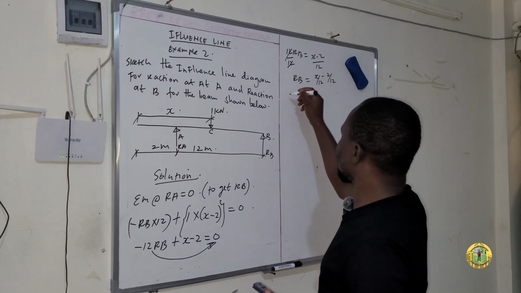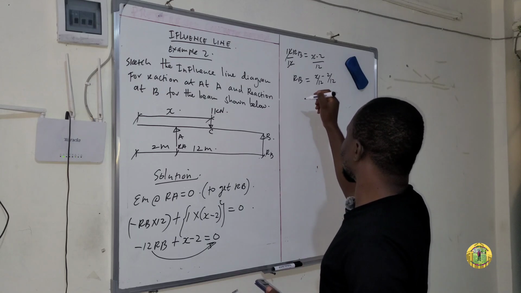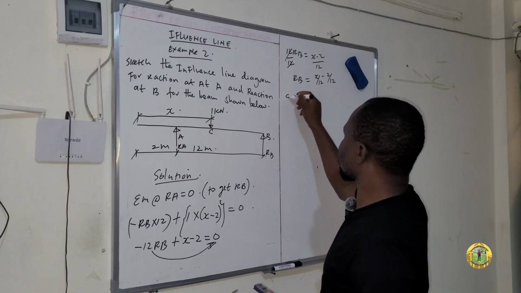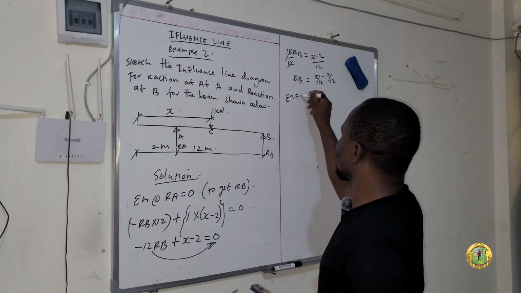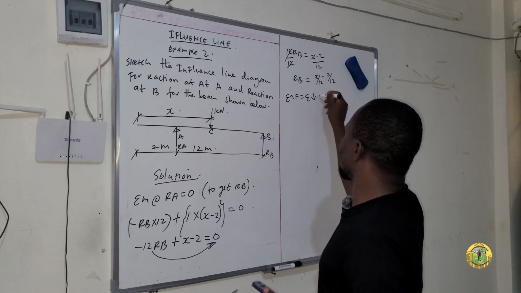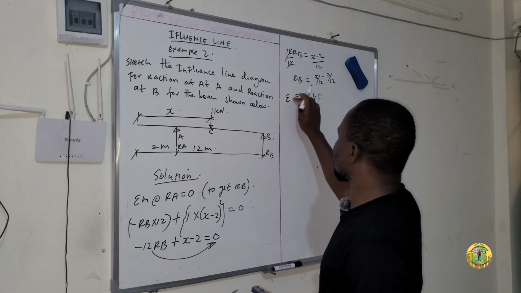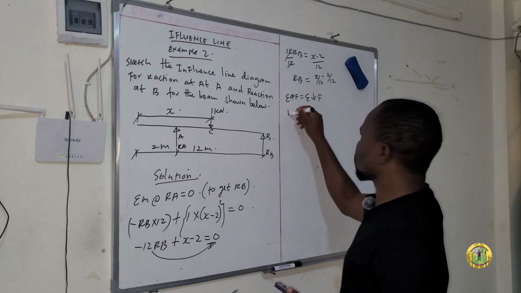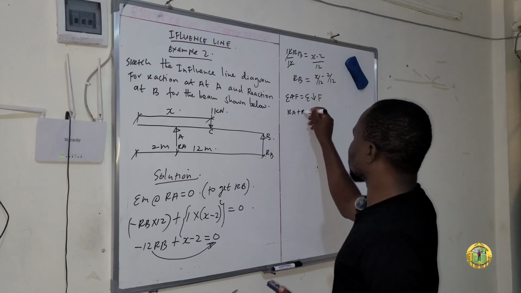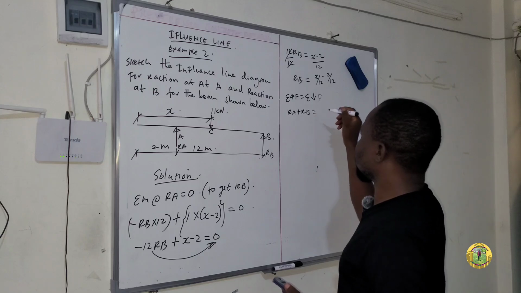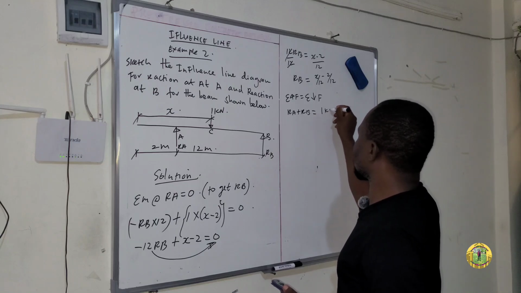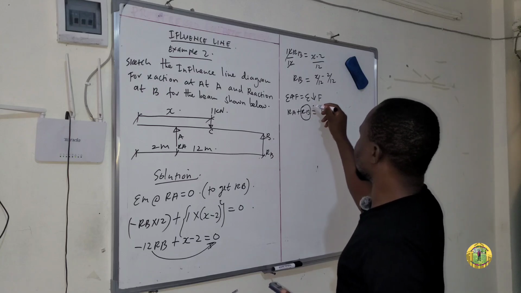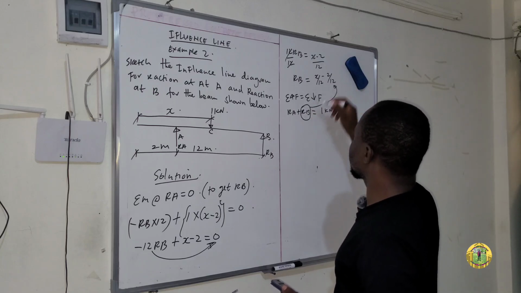Then you will obtain RA by considering the equation of equilibrium: summation of upward forces is equal to summation of downward forces. So the upward forces are RA plus RB, and the downward force is 1 kilonewton. RB is here, you can substitute.